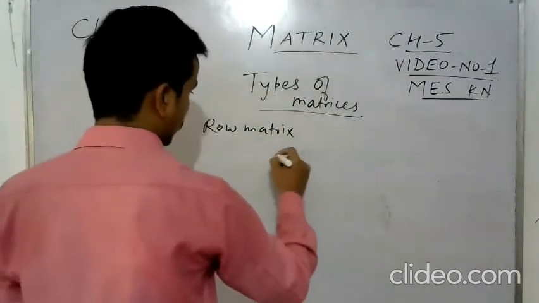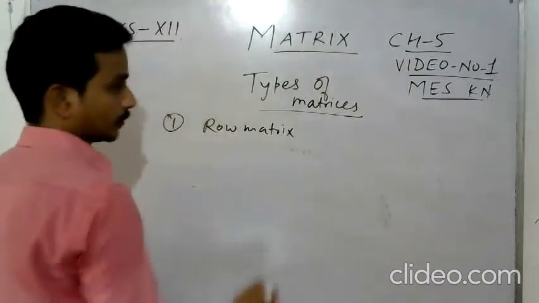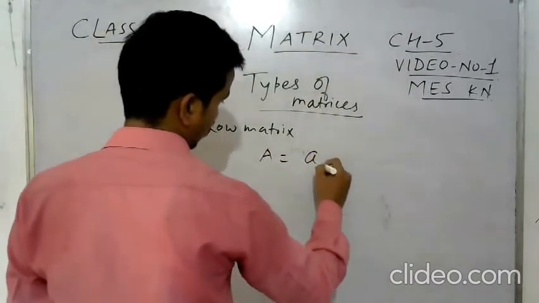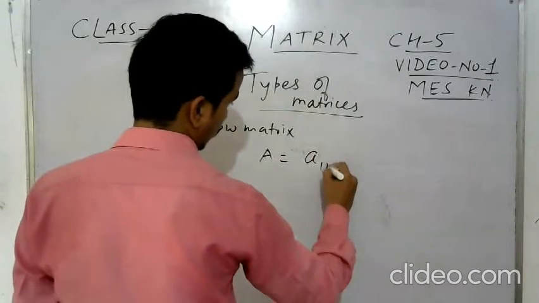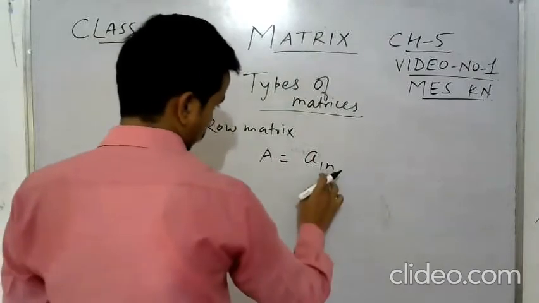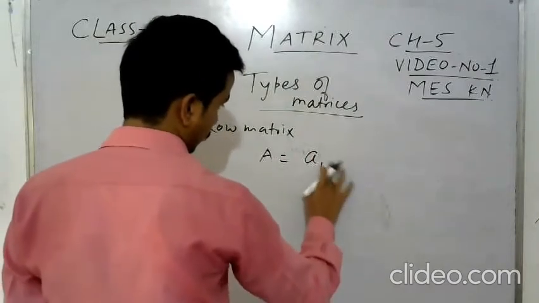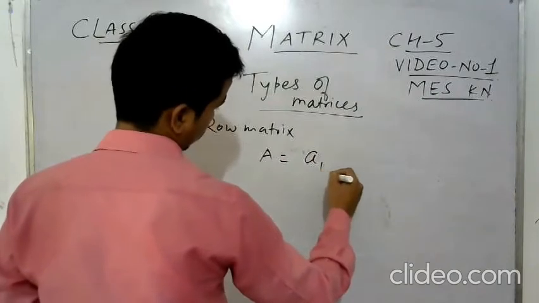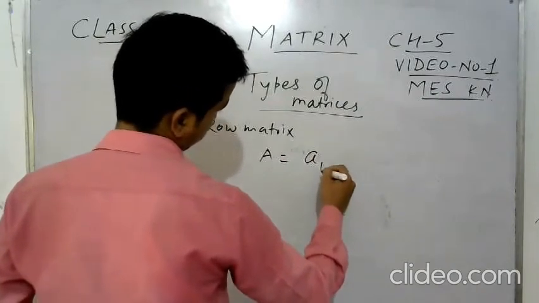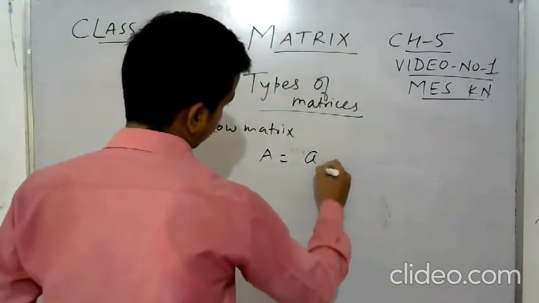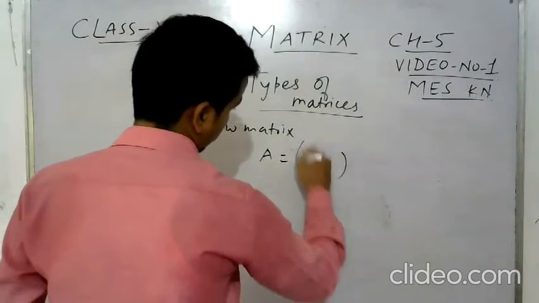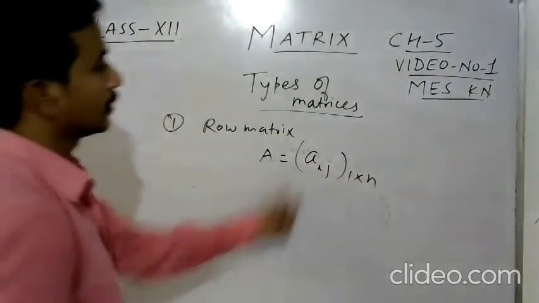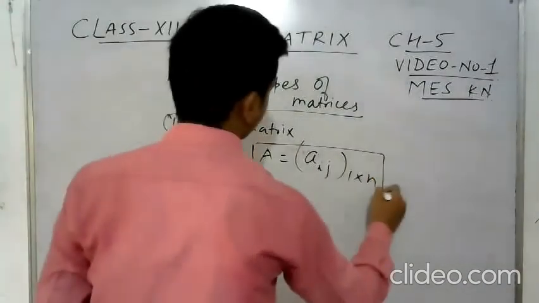A row matrix is a matrix having only one row. For example, A is equal to Aij, of order 1 into n. So a matrix which is in a form like this is a row matrix.